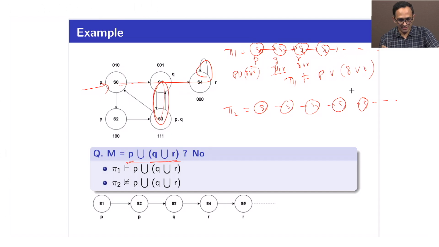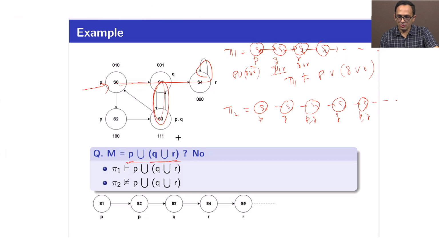Now, think about the other path. Here P holds, Q holds, and PQ holds and Q holds, again PQ holds and so on. If you see here, I do not have any state where R holds.